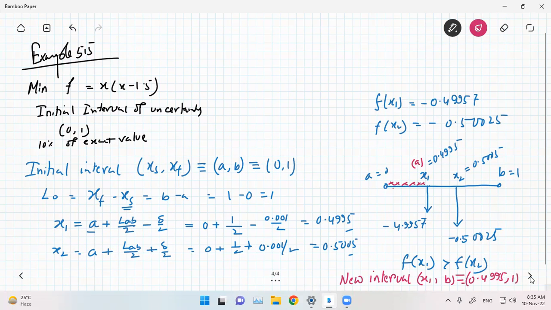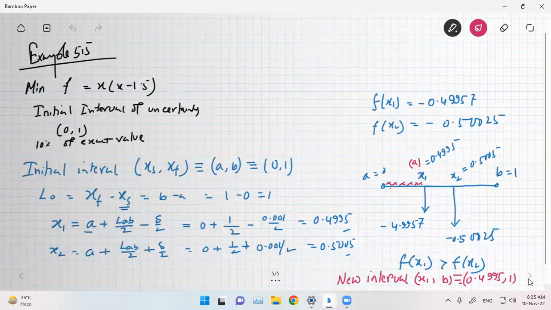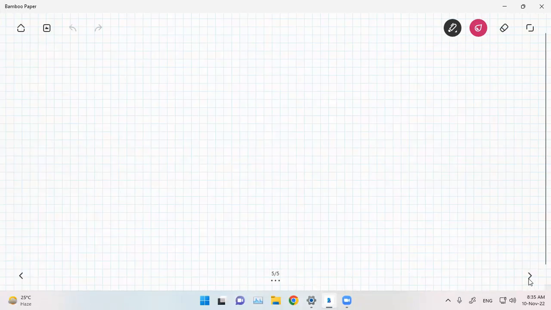So we have to start from these values in the next one. The two values we have to take: B is the same, new A is 0.4995.